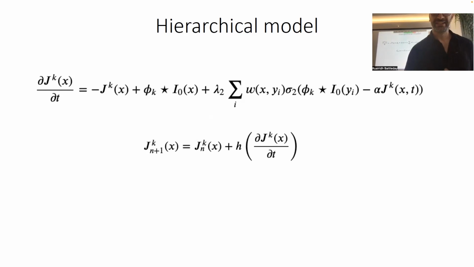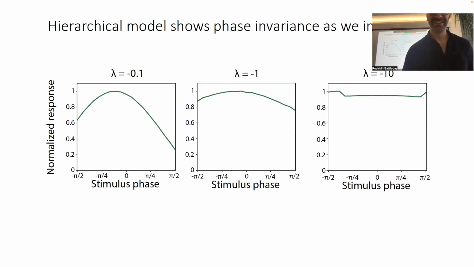So this is kind of preliminary work. As I increased lambda, I got phase invariance, but my orientation tuning curves were not so good, so I was a bit timid to show them. So Marcelo was kind enough to give me his results from the one-shot model, which models hierarchical connectivity patterns.